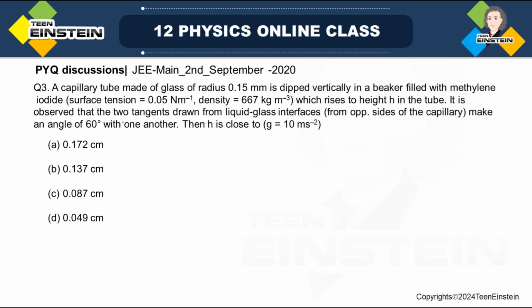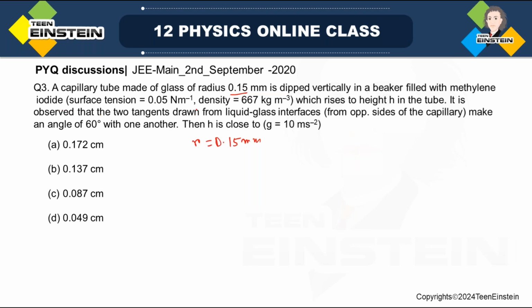This problem is also very interesting. You look, this is from capillary rise. A capillary tube made of glass of radius, this small r, is given. A capillary tube made of glass of radius 0.15 millimeter is dipped vertically in a beaker filled with methylene iodide.